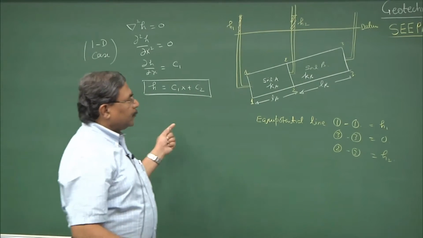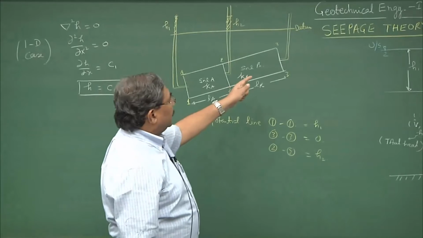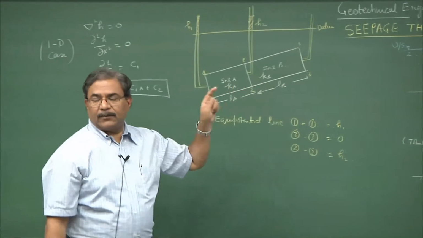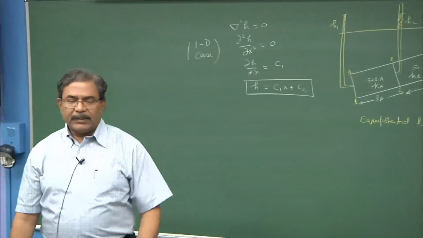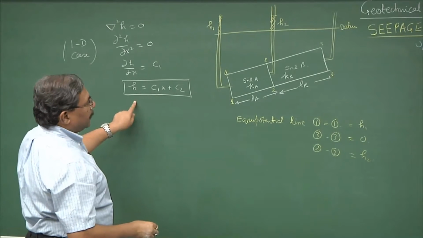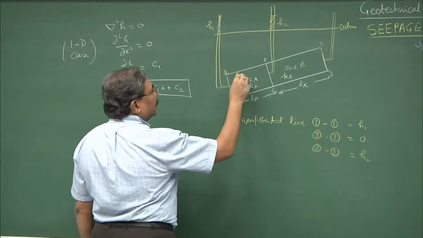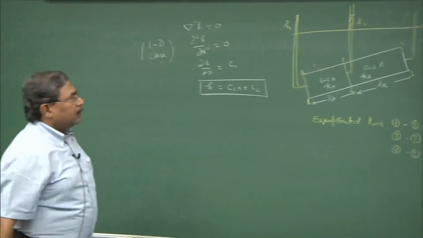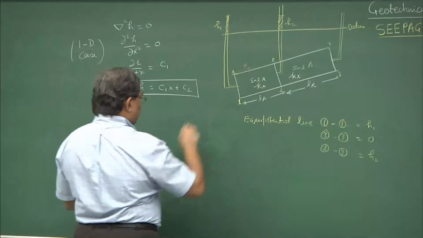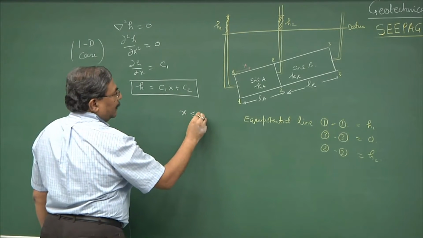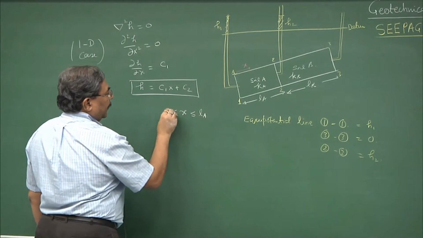Now, suppose if I ask you to solve this problem, establish the discharge seepage velocity through this system by using the Laplace equation, is fairly simple. So, let me consider first a distance x starting from point 1, and x is such that this is less than L A and greater than 0.